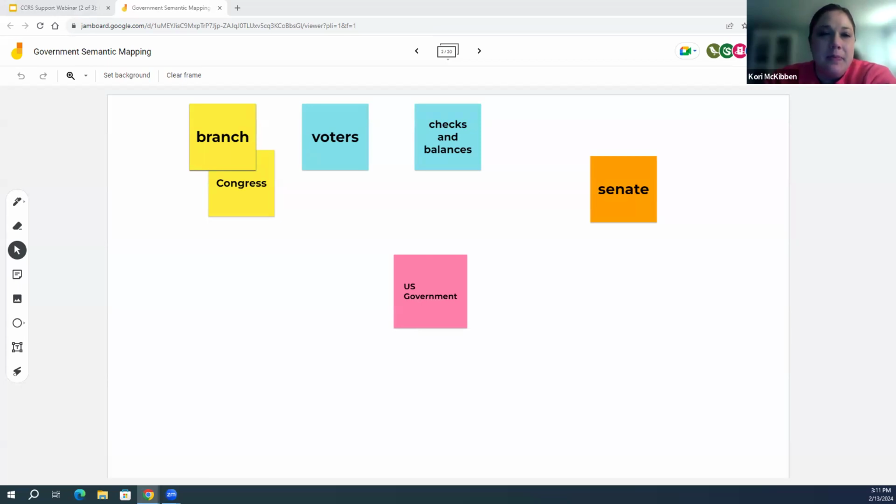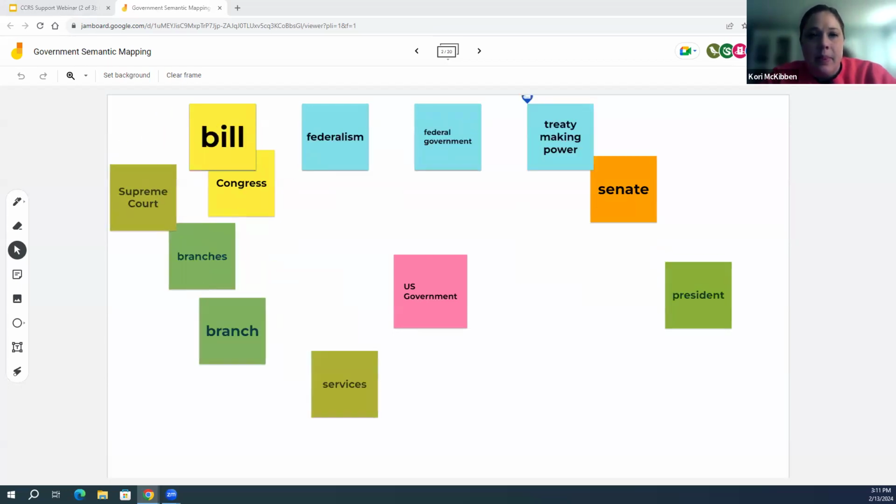I'm going to add to, like I said, I thought about the president. And of course, we could always add the vice president. Okay. Power to make coins. Yep. Treaties. Oh, yep.